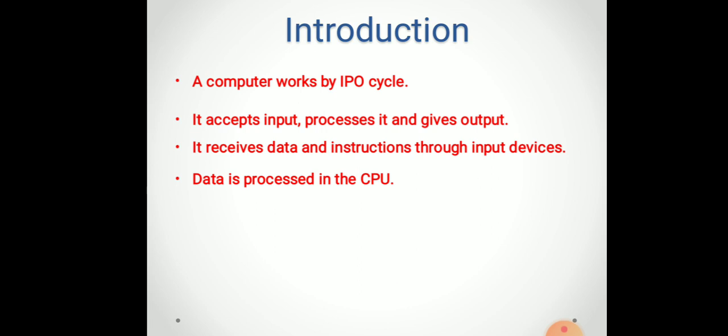CPU is the processing device. Results are displayed through the output devices. Input devices are used to give input to the computer and output devices are used to get the result from the computer.